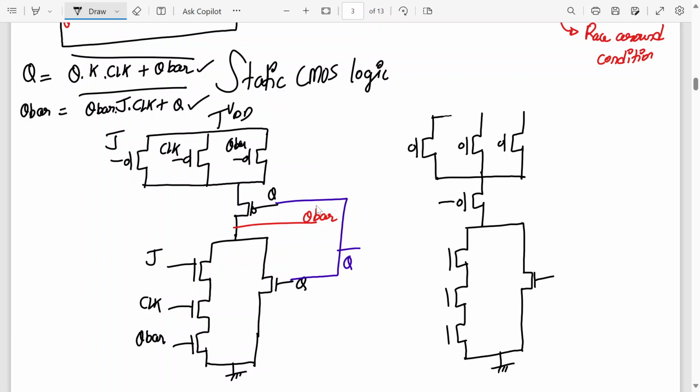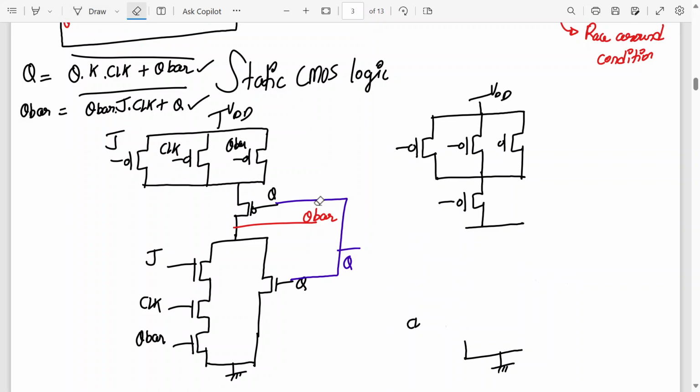Now this is K, clock. Let me write it here first. K, Q, clock, right? And here it will be Q bar. Oh, I should have drawn it here. Okay, no problem. I should have drawn this over here so that this will join them together. It's okay.